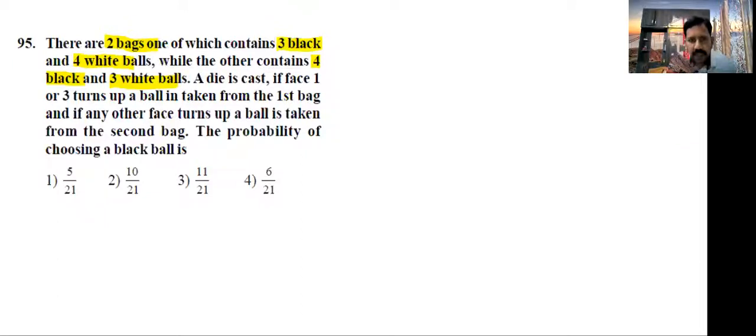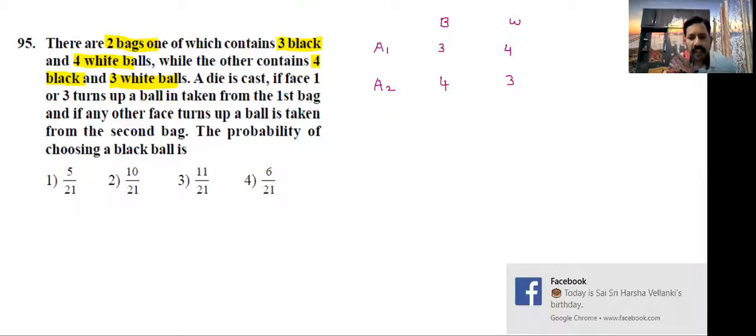I am writing the bag names here: A1, this is bag 1, and A2, this is the second bag. What are the colors? Black and white. 3 black, 4 white in the first bag, and the second bag has 4 black, 3 white.